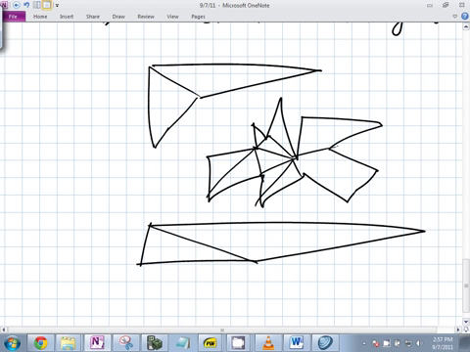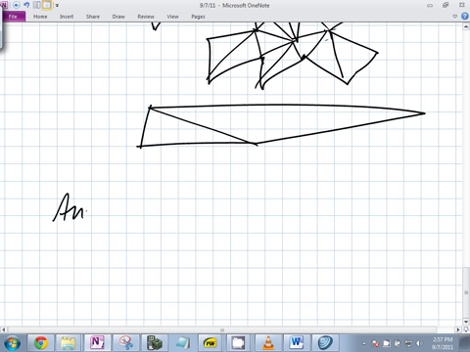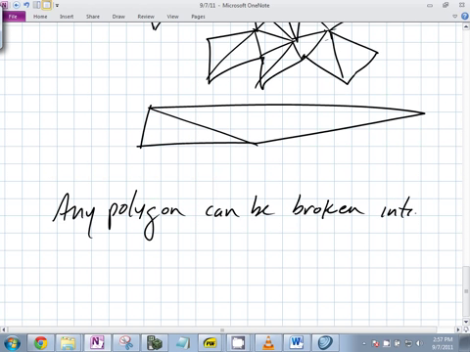Does this work for any polygon? Exactly. So, what can you now say? Any polygon. A polygon has straight sides. Any polygon can be broken down into triangles.